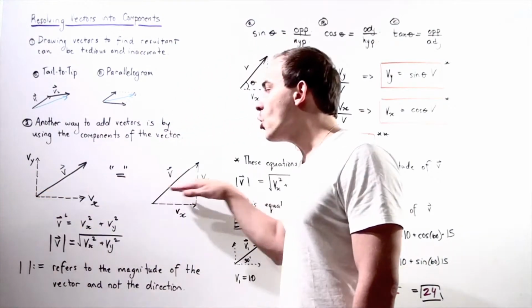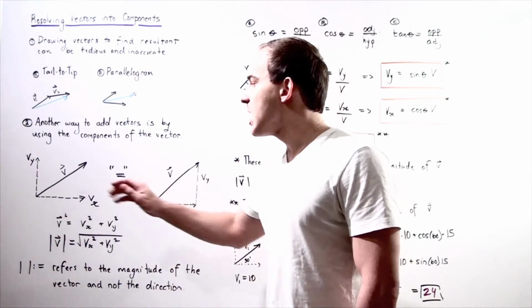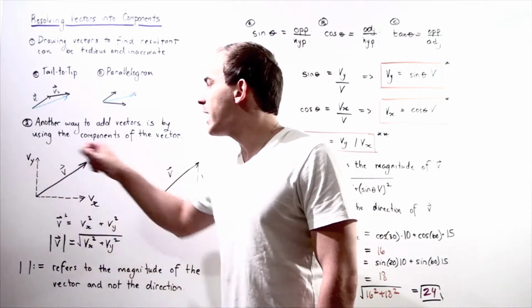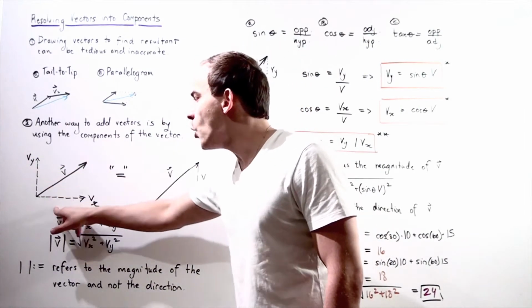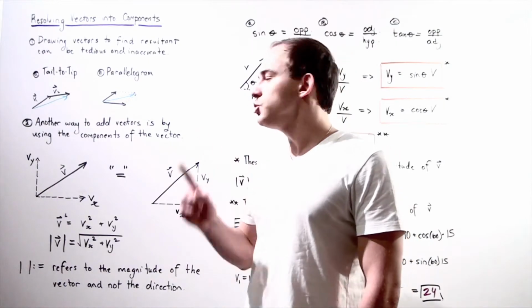This is known as our vector component along the x direction, vx, and the vector component along the y direction, vy. Notice these two components are exactly perpendicular, at a 90-degree angle to one another.